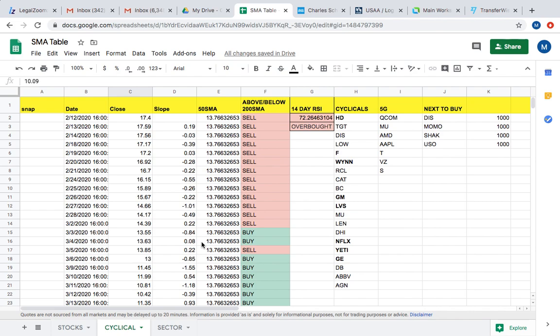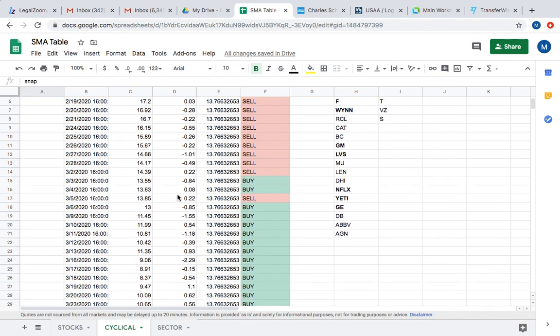So this part of the spreadsheet tends to be for stocks that have cycles that they go up a lot, then they go down a lot, and that kind of leads into my point about the slope.